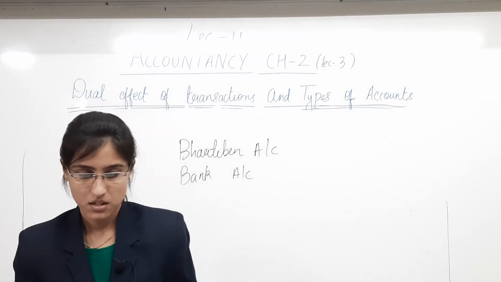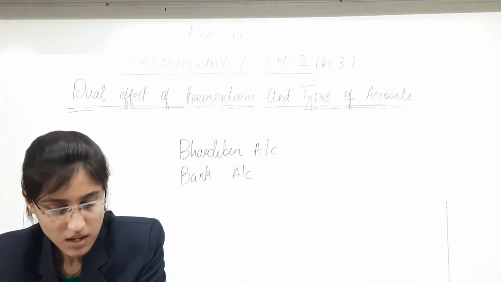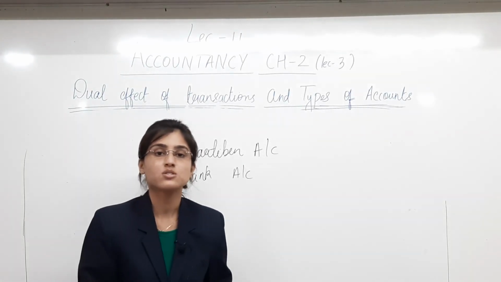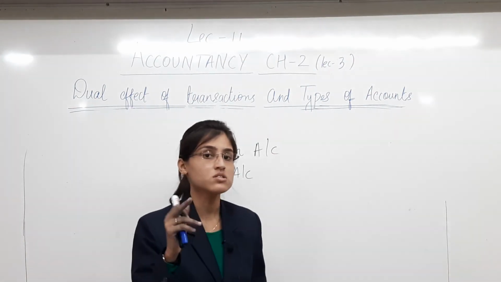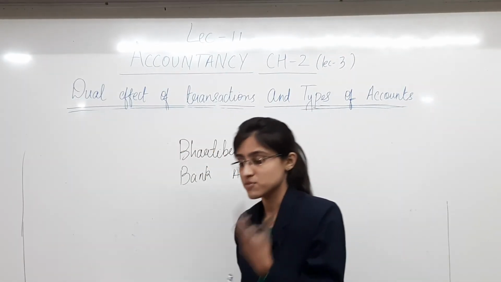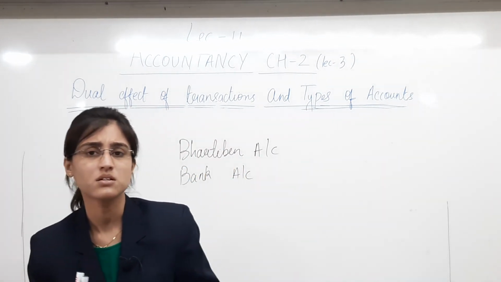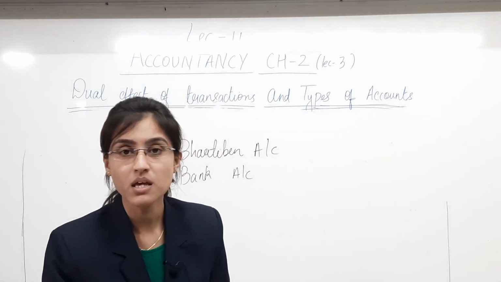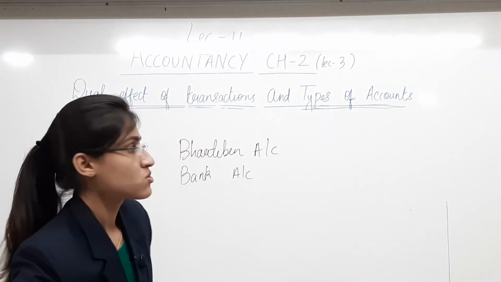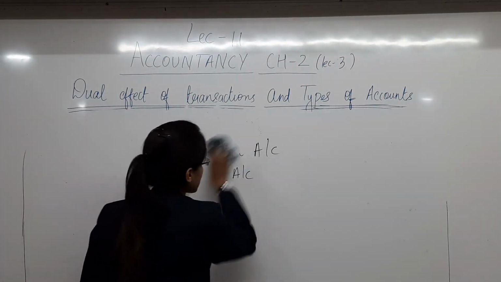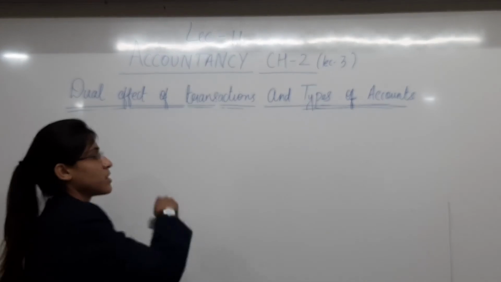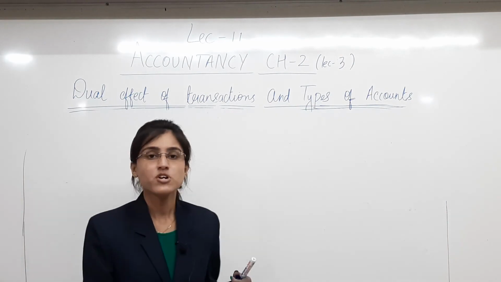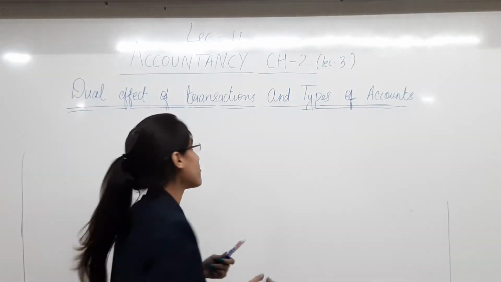Simple? Yes. Then the last transaction, which says Vipul gave a check for rupees 4,800. Who is Vipul? Vipul is my debtor, to whom I have sold goods of rupees 5,000 and then he has returned, etc. And now Vipul is giving me a check. So whenever a check is given or taken, if someone is giving you a check or you are receiving a check, the obvious effect out of the two effects is of bank.